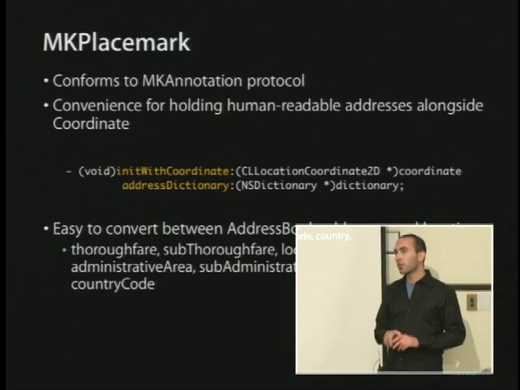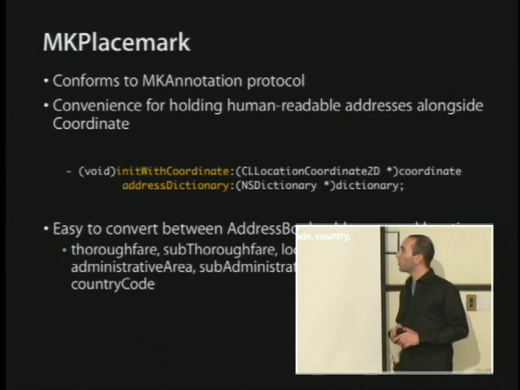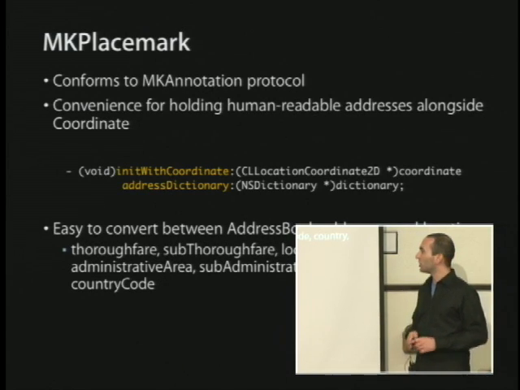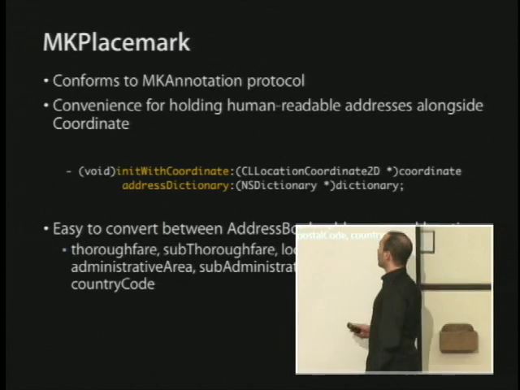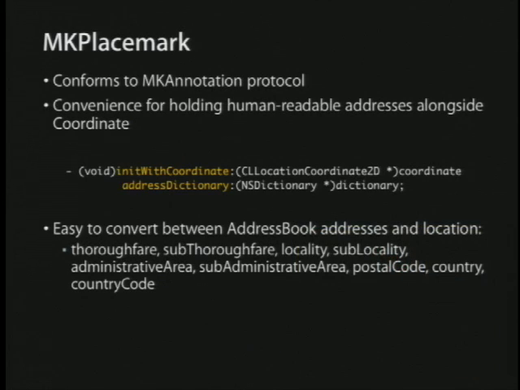And the keys for that dictionary correspond to these somewhat cryptic properties of addresses: thoroughfare, sub-thoroughfare, locality, sub-locality, administrative area. I don't even know what administrative area we're in right now.